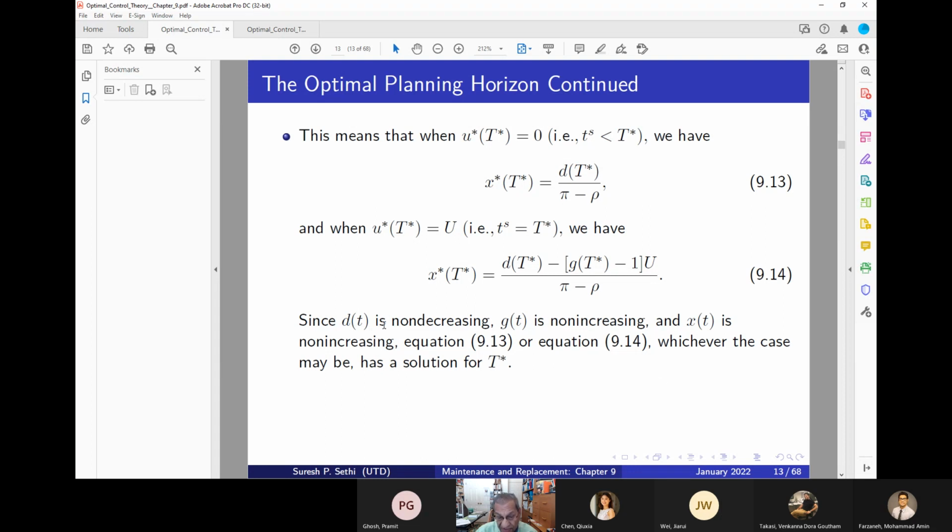Since dt is non-decreasing, gt is non-increasing, and xt is non-increasing, equation 9.13 or equation 9.14, whichever the case, has a solution for T star. It's difficult to parse this. But if dt is increasing, and xt is increasing, then this would have a solution.